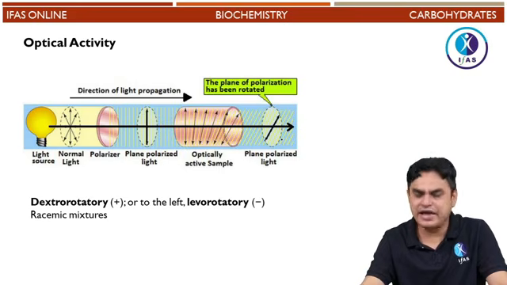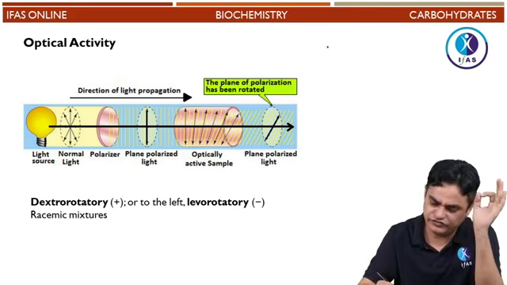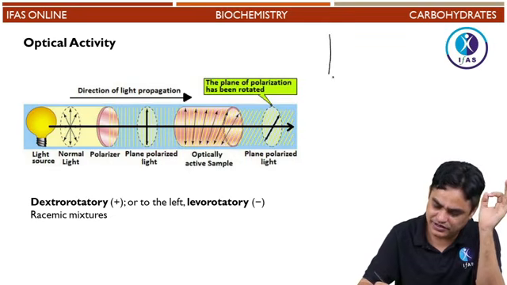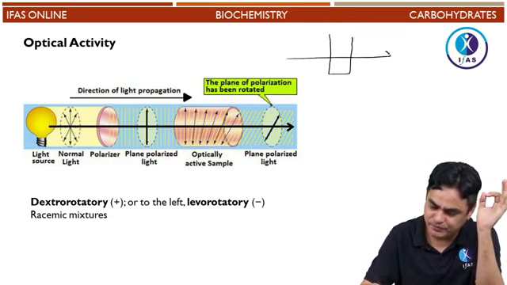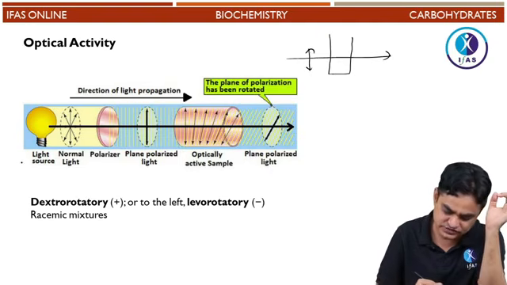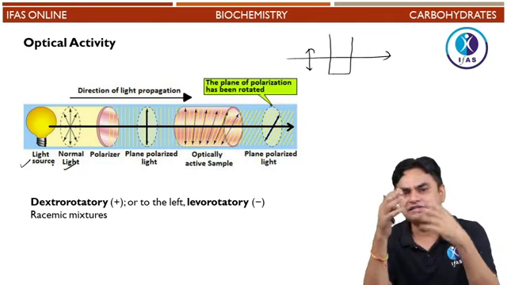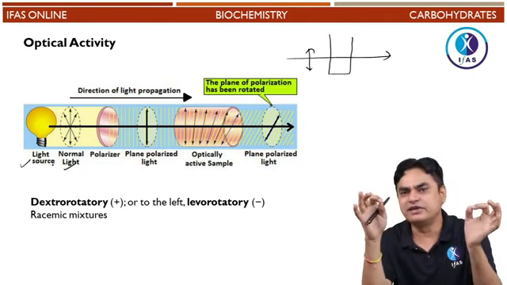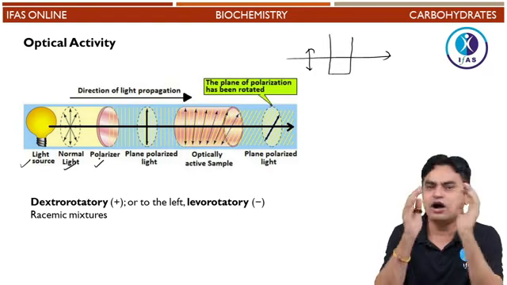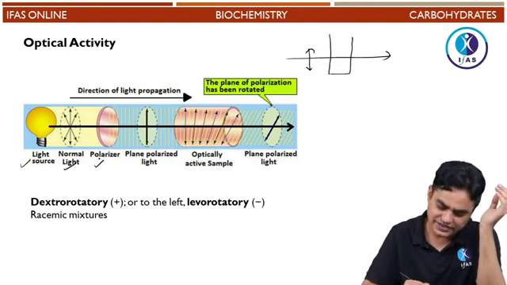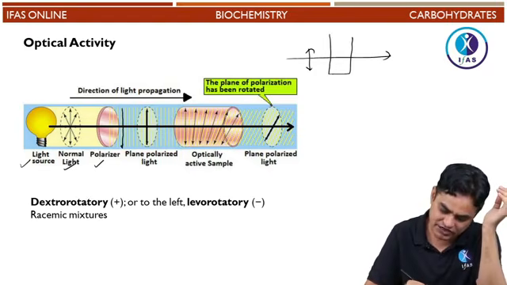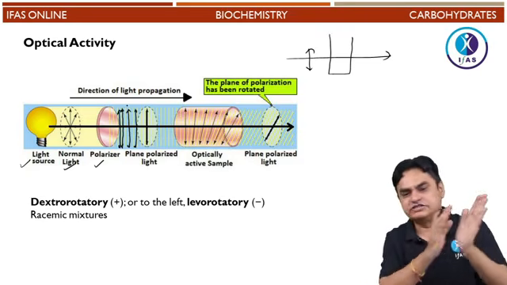So what do we mean by optical activity? If there is some sample, and you pass plane polarized light through it, let's say there is a light source. This is normal light, where the particles are oscillating in all possible planes. When it is passed through a polarizer, the particles are oscillating only in one plane.